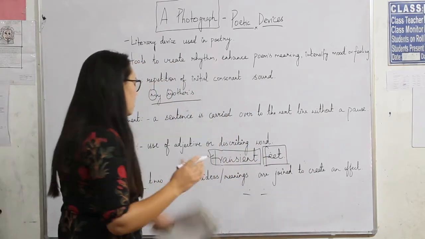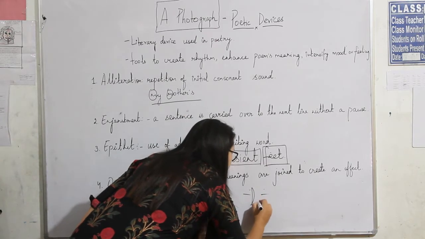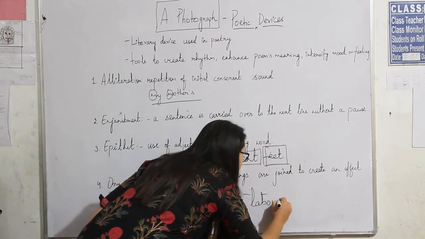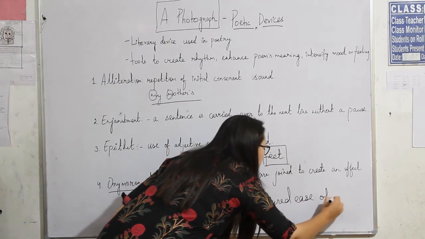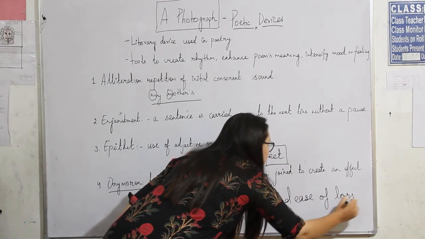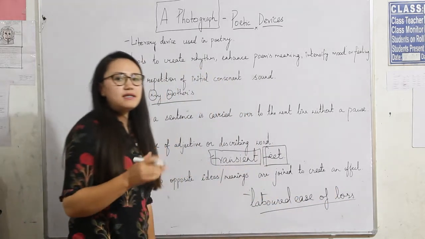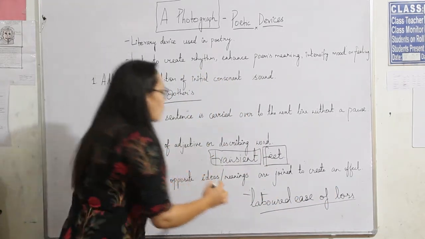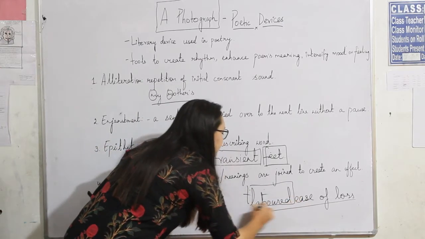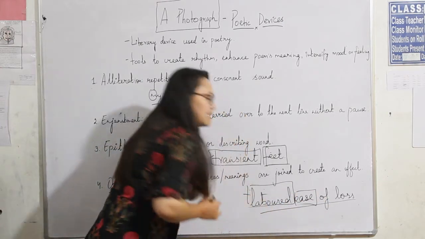Now in this line you will see labored ease of loss. Where are the 2 opposite meaning words? One is labored and the other is ease.